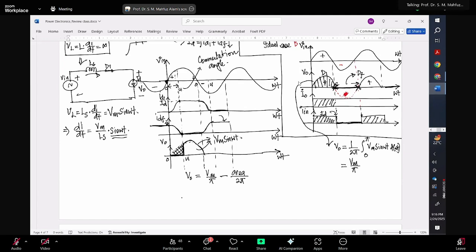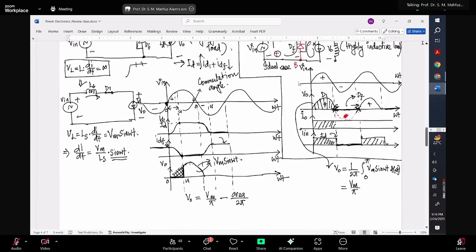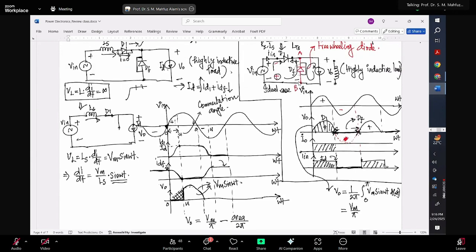This voltage is appearing across the inductance. When D1 is short circuited, then what is happening during this commutation? If I draw this during commutation, the situation was like this, and the input voltage was appearing across the inductance, right?